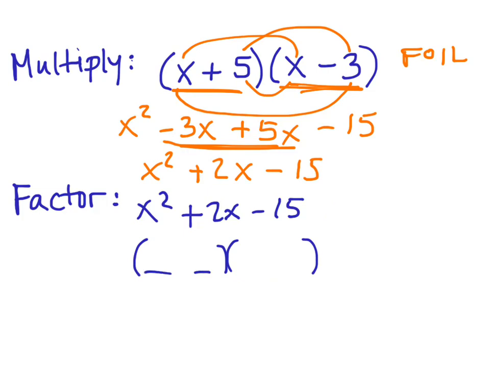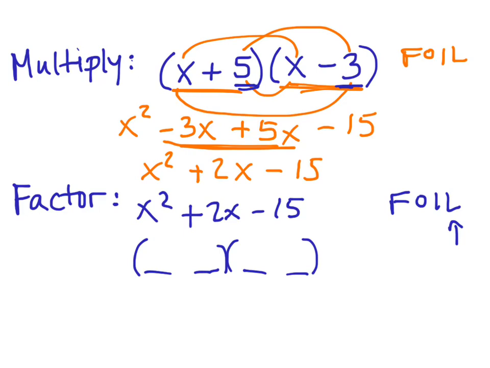I'm looking for 4 different terms here. And same idea, kind of using FOIL. Notice I got this negative 15 from multiplying in my original expression negative 3 times 5. So what I'm trying to do is find two last terms which would multiply to be negative 15.